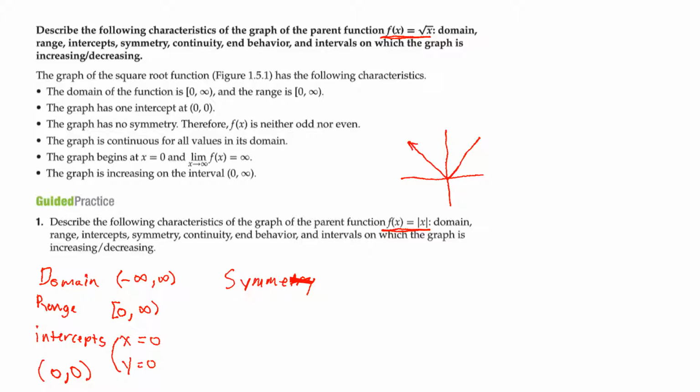And it keeps going. Those arrows are useful. This one is symmetric about the y-axis. Okay, now you guys will have to decide if it's even or odd. I'm not going to tell you that in this video. But figure out, is this an even function or an odd function if it's symmetric about the y-axis?